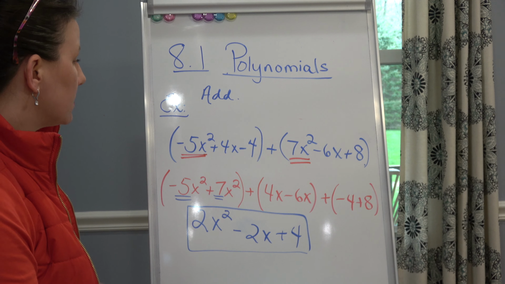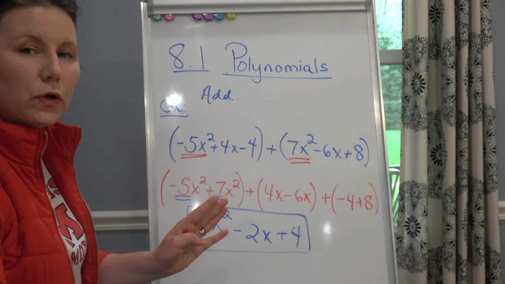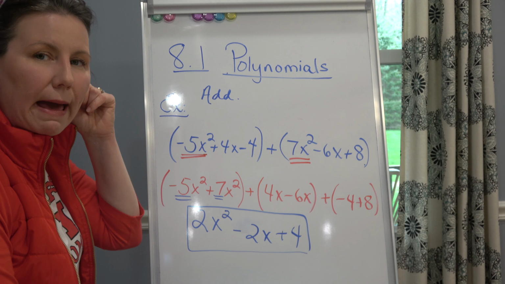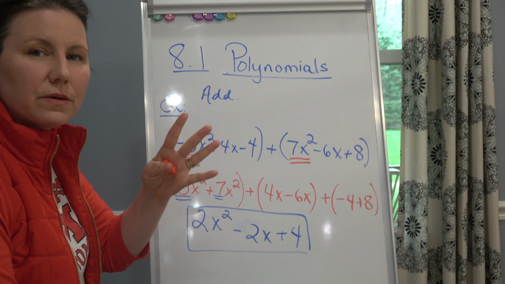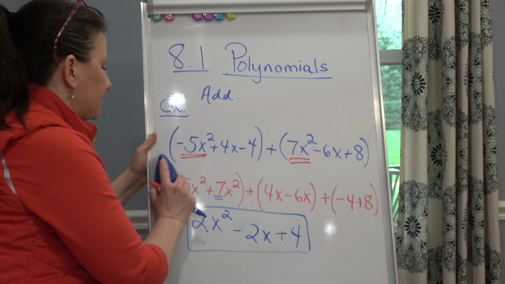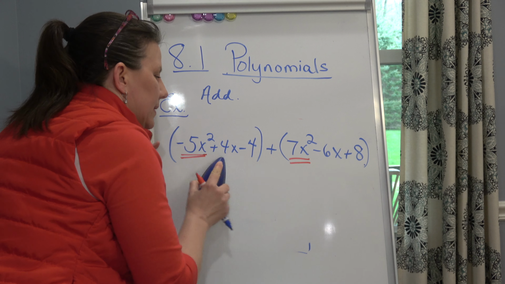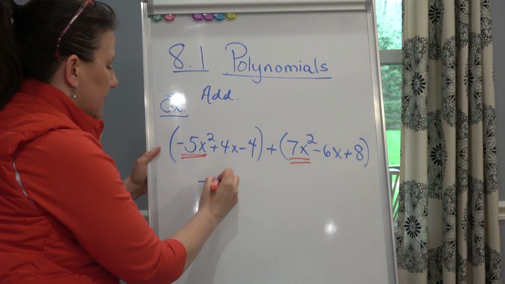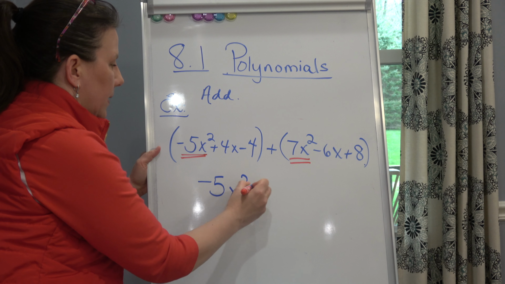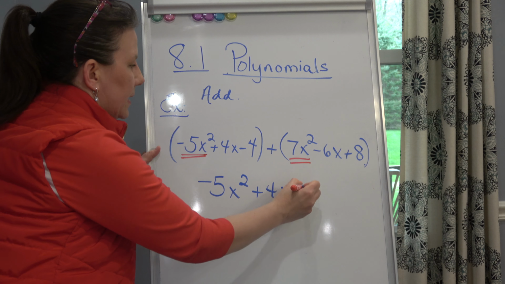Okay? Now some people work better vertically, so think about how you add numbers, how you line up the place values. So it's kind of the same idea. So some people like to work vertically, and they like to organize it like this. So it's nice when they're both already in standard form.